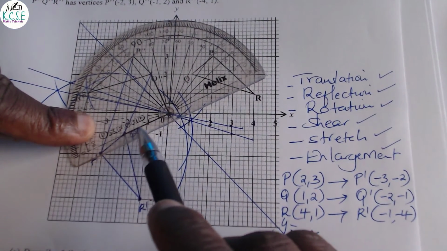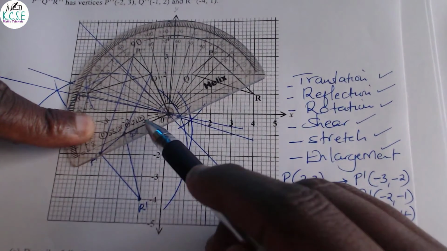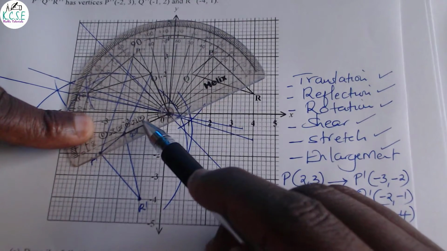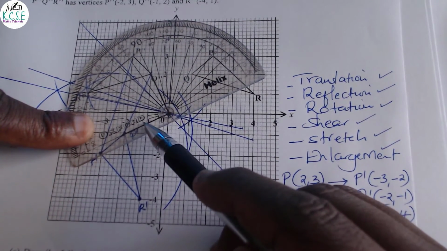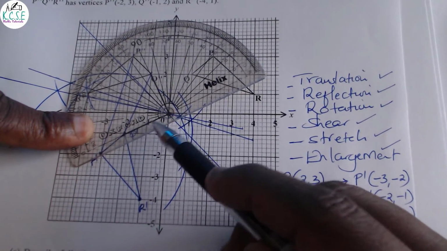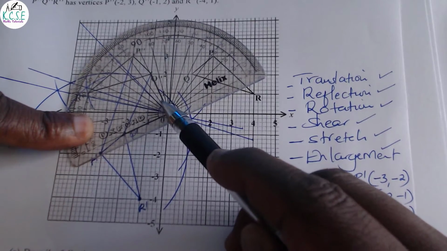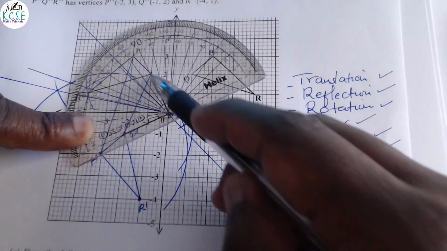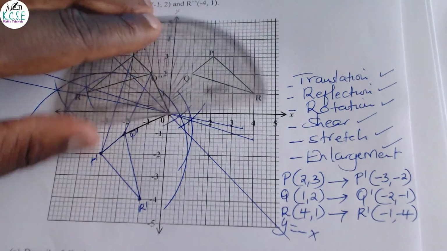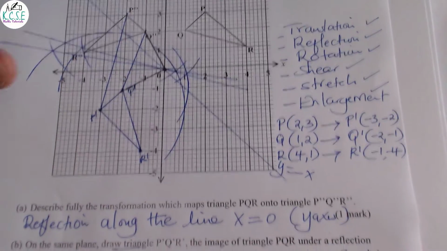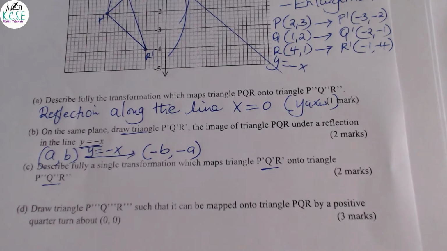So you're measuring the angle going this way, in a clockwise direction, from the line that you placed here. You can see this is exactly 90 degrees. Therefore, you can now go ahead and describe the rotation.